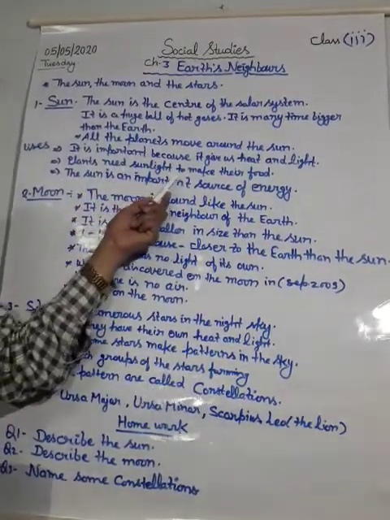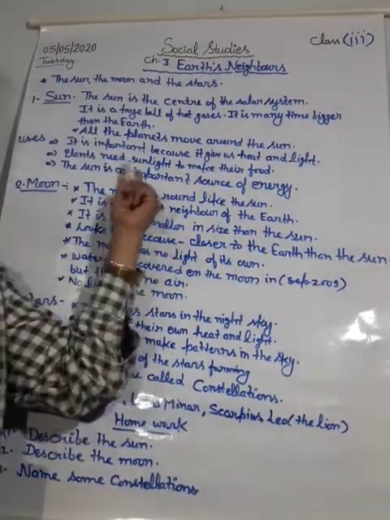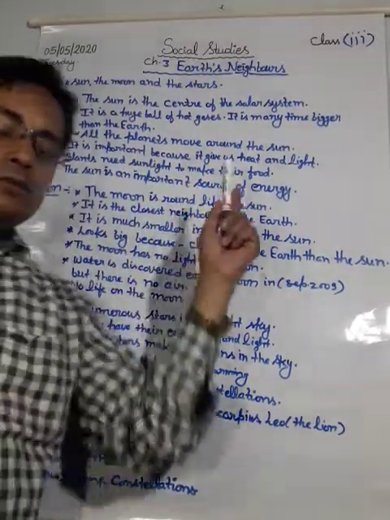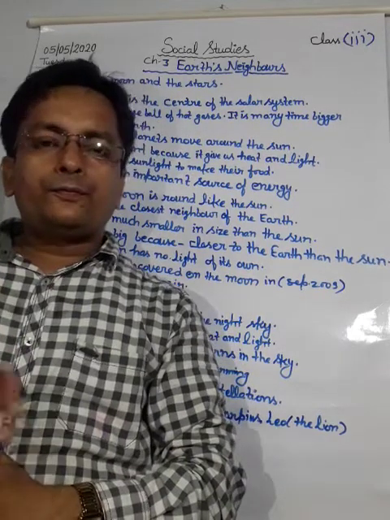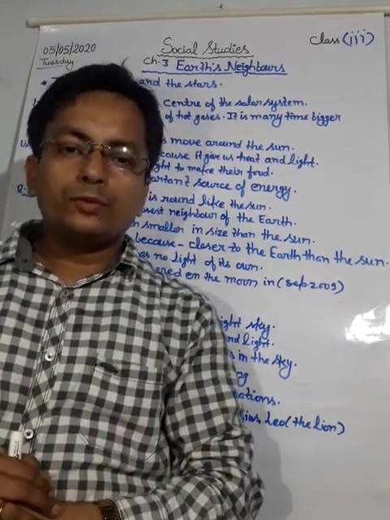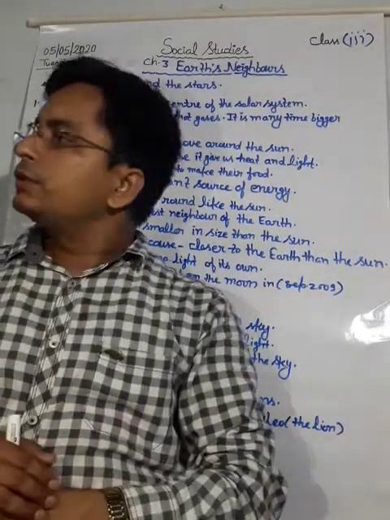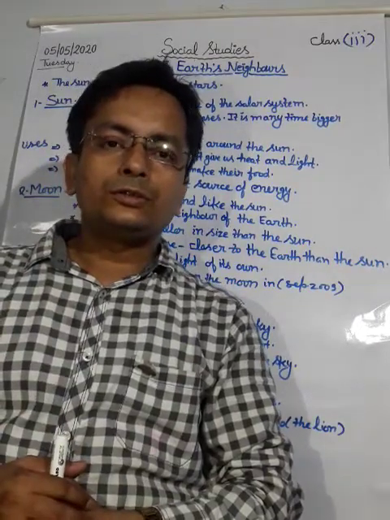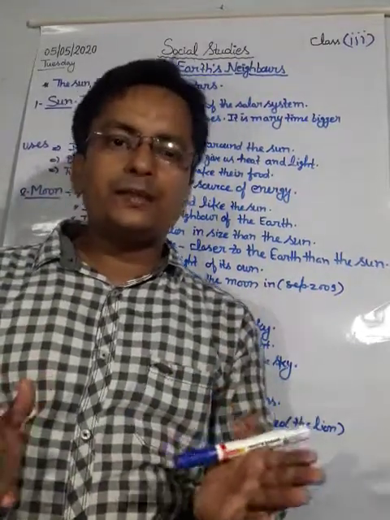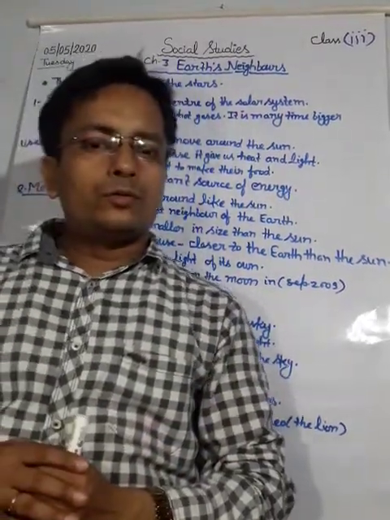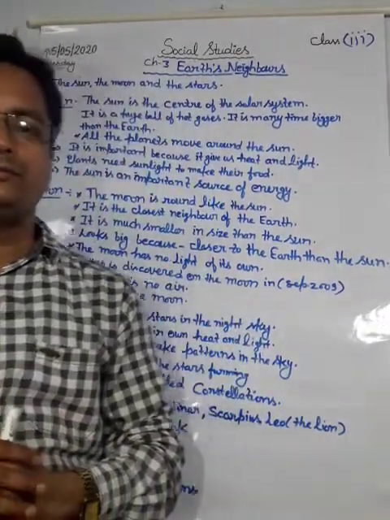Plants need sunlight to make their food. If we are going to cook our food, there is a need of heat as fuel. That fuel may be an LPG cylinder, wood, coal, or kerosene oil.